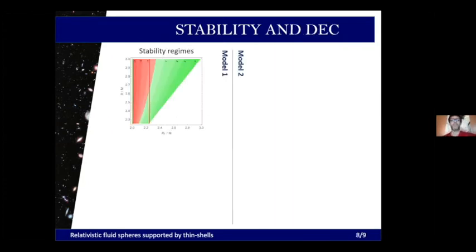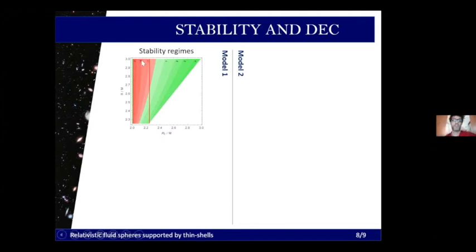So here are the results for the first model. In this plot here, we have the concavity of the potential, and let me just remind you that the y-axis is the initial radius of the star, and the x-axis is the radius of the shell.